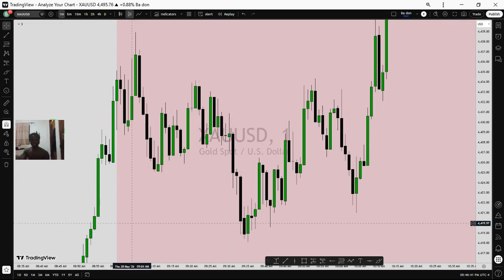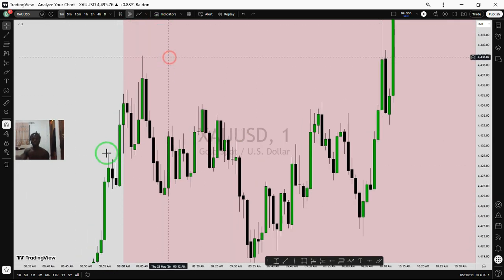Let's take this for example. The first thing we are looking at is a valid break of structure. A valid break of structure is a valid swing high. That structure must have a swing high and a swing low, or a swing low and a swing high. It must be valid.